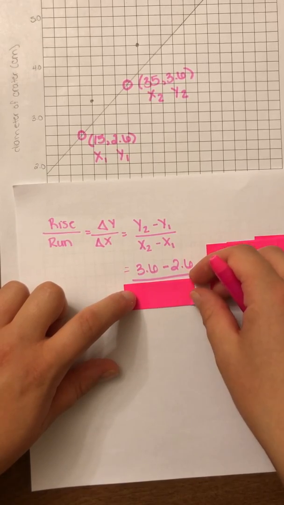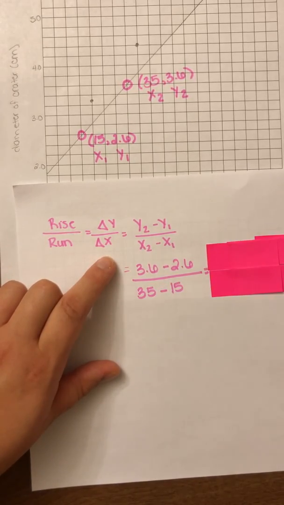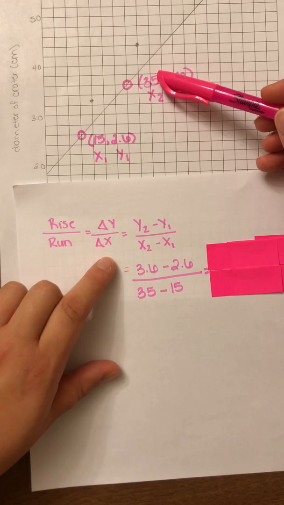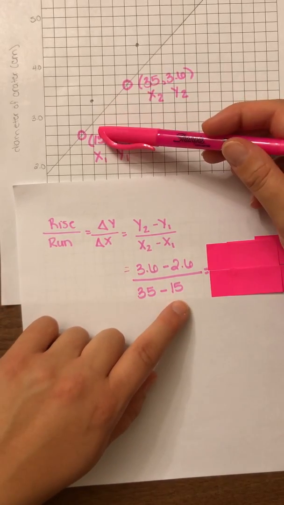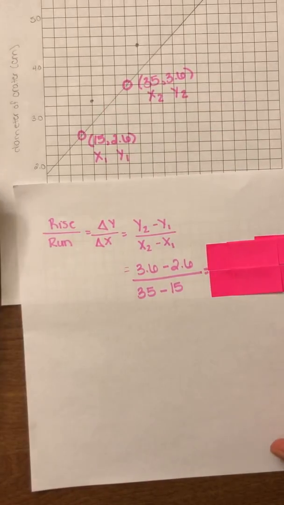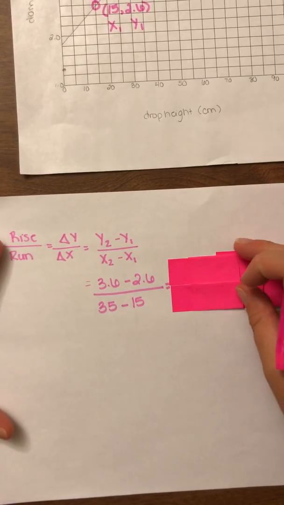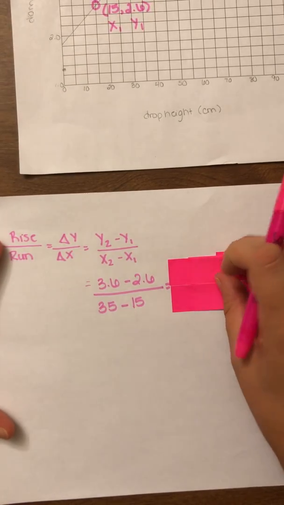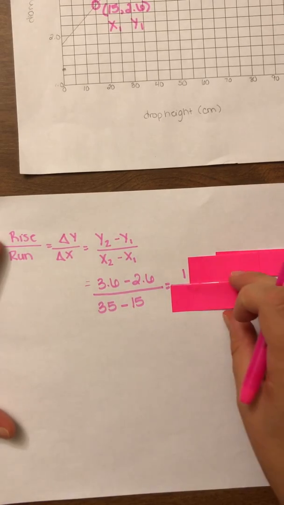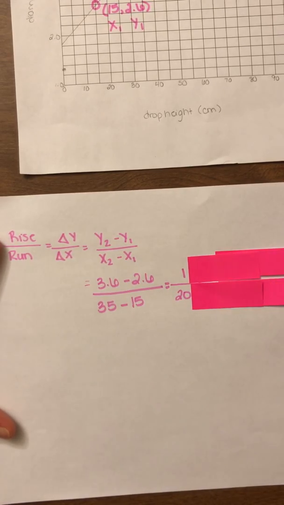On the denominator, x2 minus x1. We can go out and we can do the math, and we find that we would have 1 over 20.